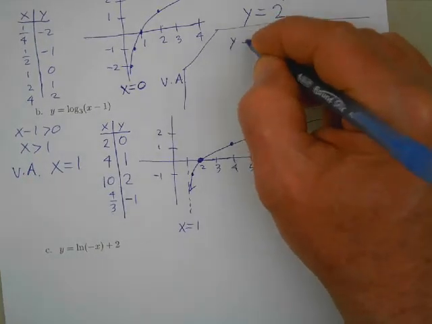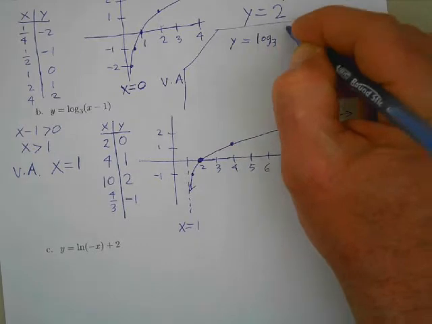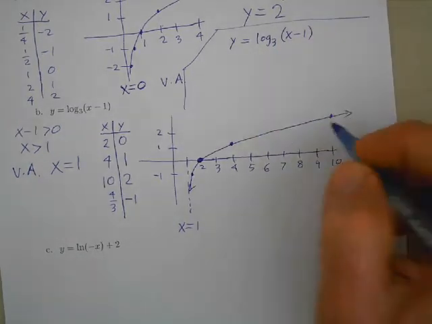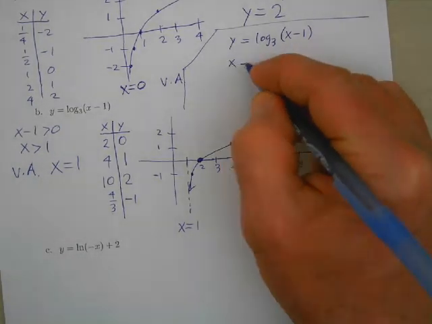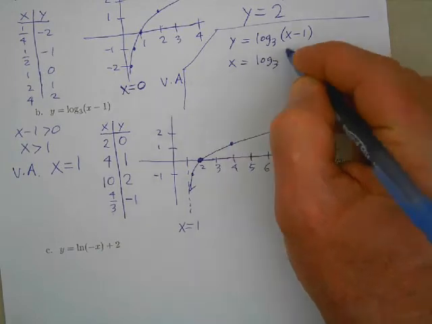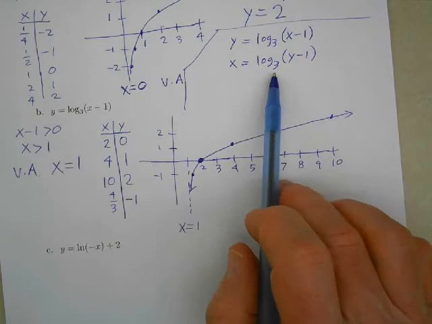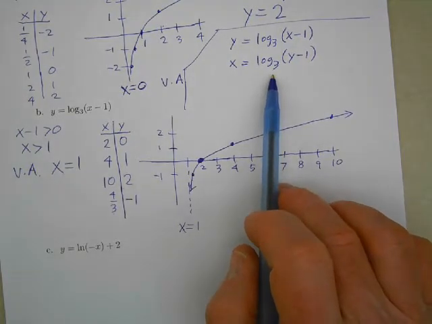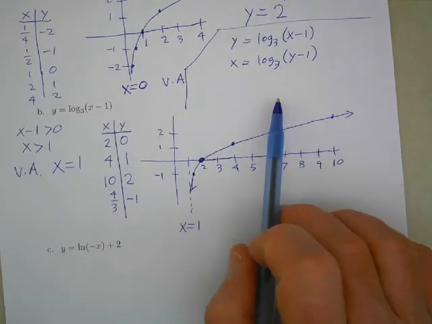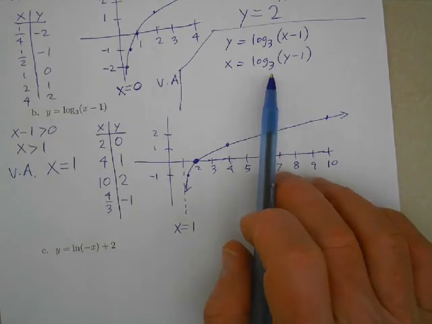So y equals log base 3 of x minus 1. Then replace y with x, replace x with y, and then solve for y. So we can convert this base 3 logarithmic equation into its equivalent base 3 exponential equation.